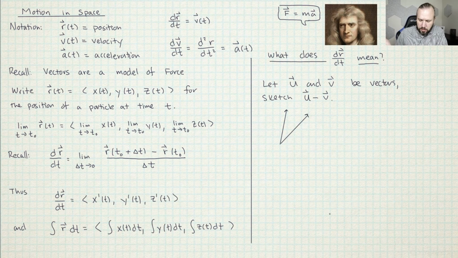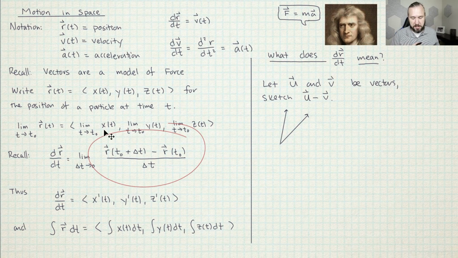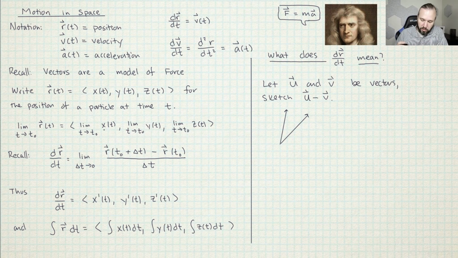So how can we interpret dr/dt? Well, the definition of dr/dt is as a limit of a difference. So I want to just remember graphically what the difference of vectors looks like. So I'm going to draw two vectors here, and I'm going to make this one v and this one u. And I'm trying to understand what u minus v is.